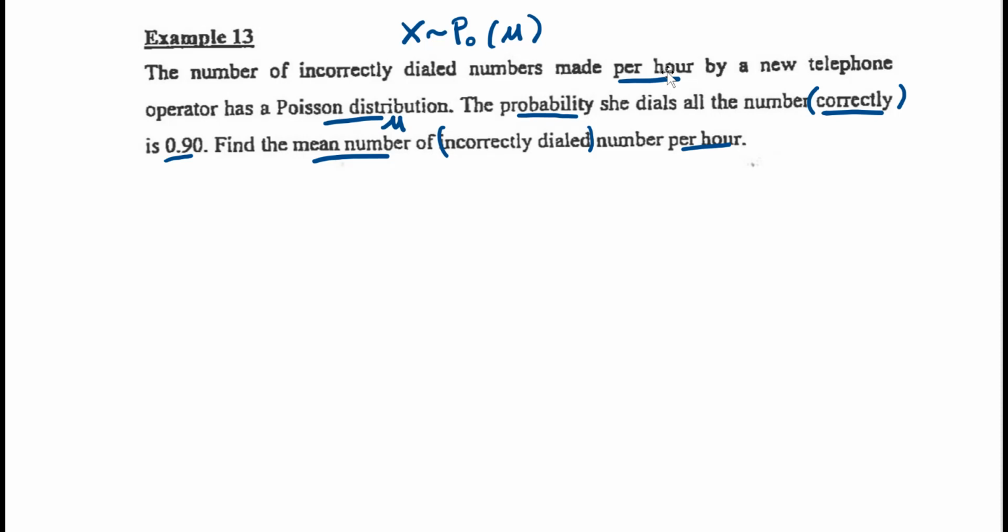So to find the mean number of incorrectly dialed, we use x equal to 0. Now your probability when x equal to 0 is equal to 0.9.